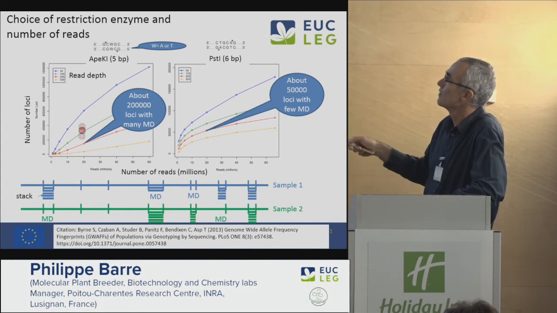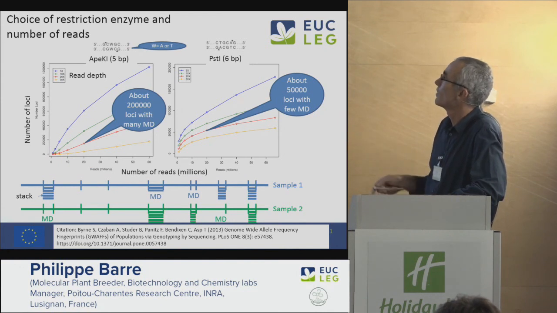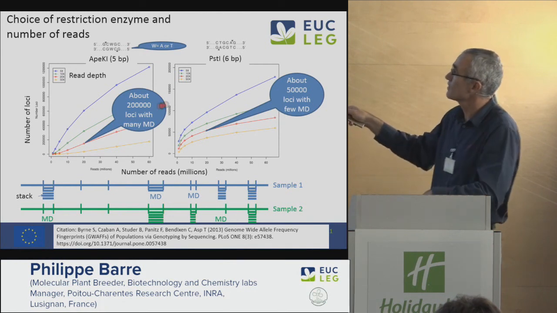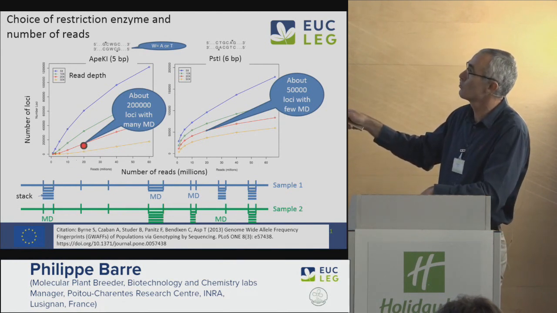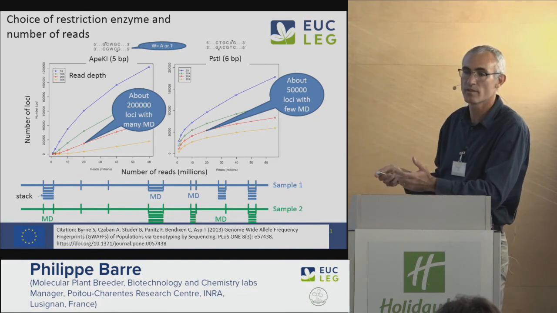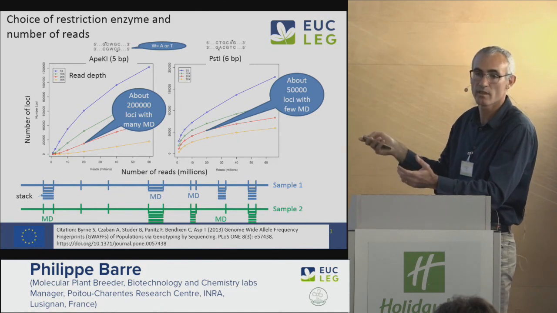And for example, here, if I take a read depth of 20 in red, you see that for about 20 million reads, you will get something like 200,000 loci. But you also see that the potential number of loci that you can get with ApeKI is much more than that.